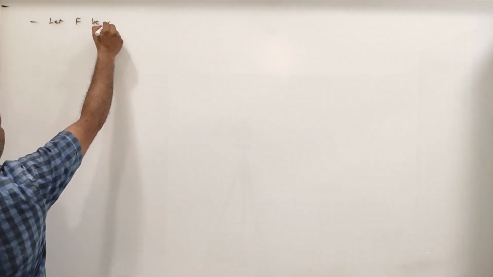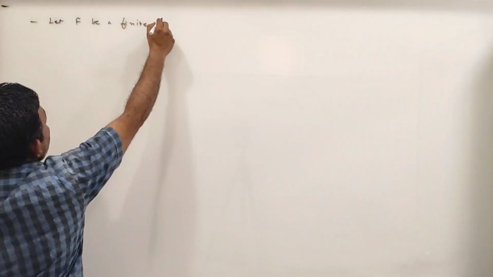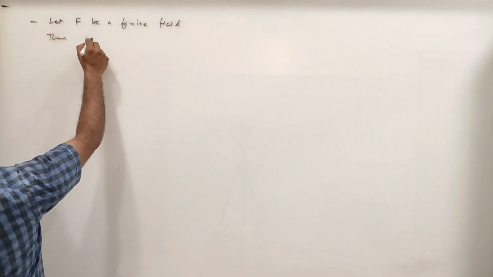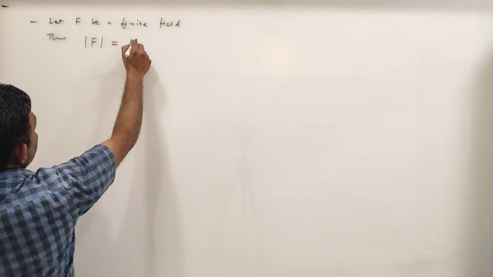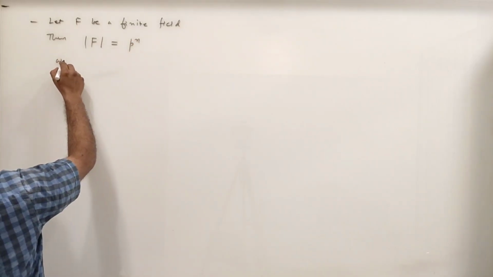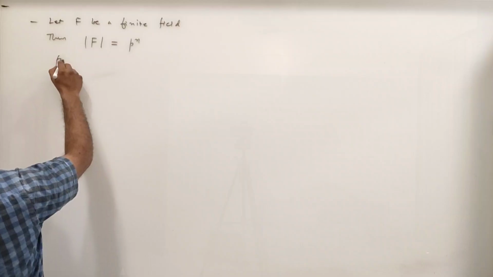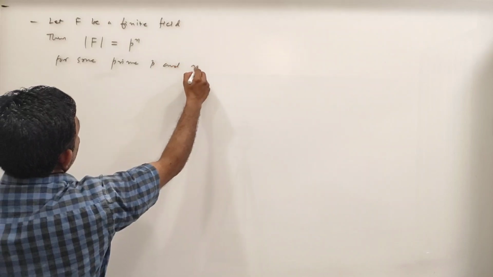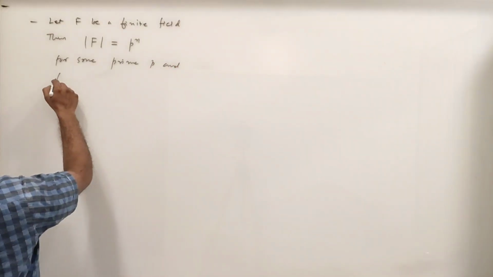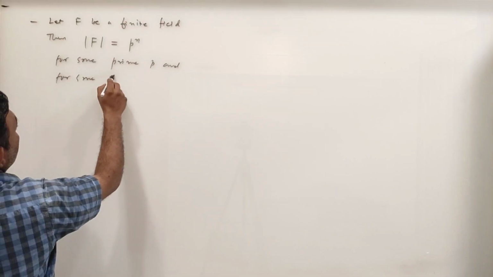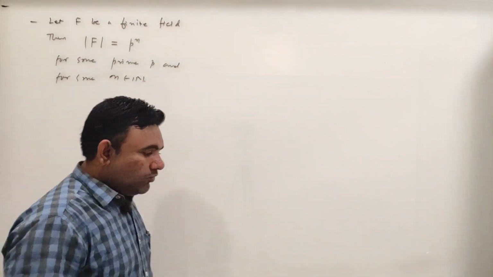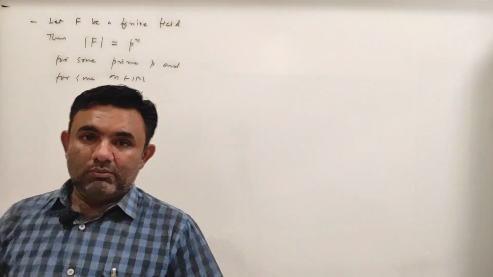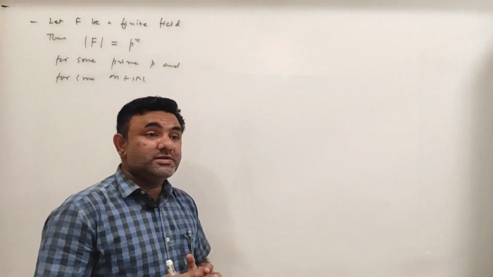Let F be a finite field, then the cardinality of F is equal to p to the power n for some prime p and for some n belongs to N. वो प्राइम का पावर ही हो सकती है. फाइनाइट फील्ड की कार्डिनलिटी must be a power of a single prime.